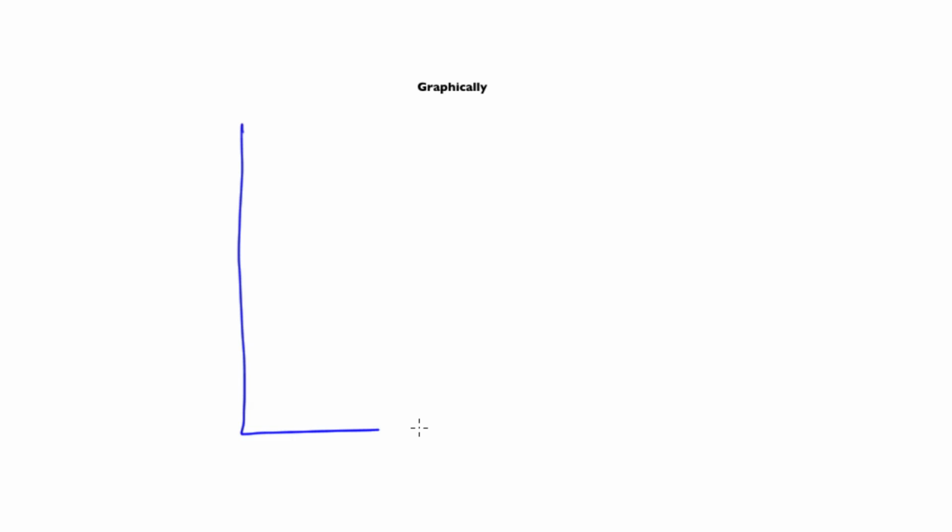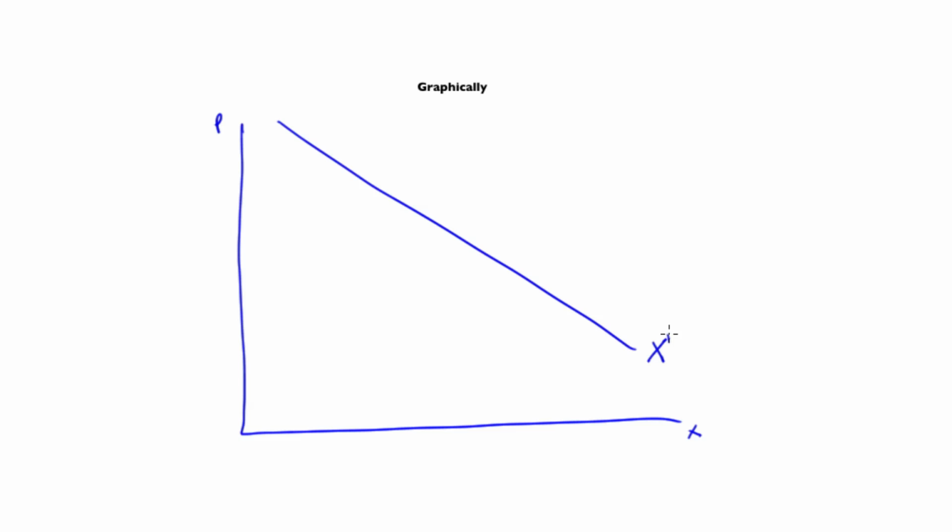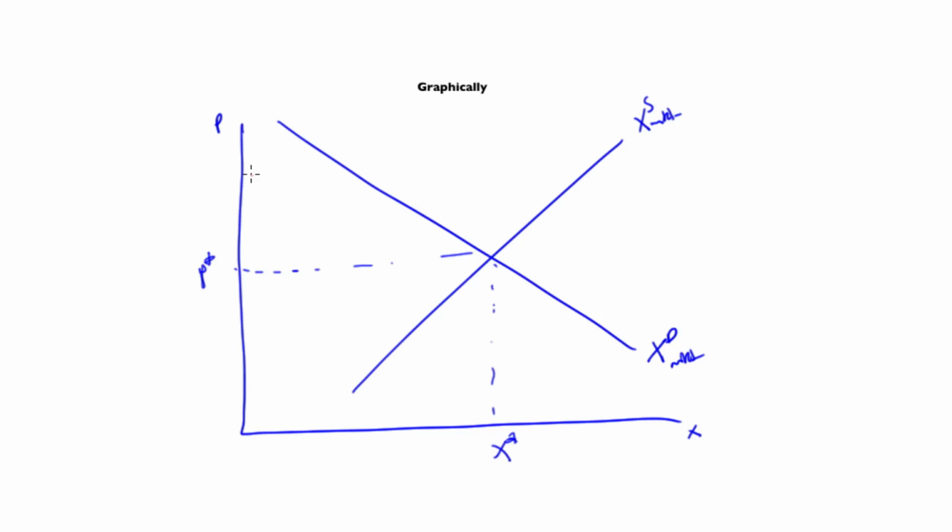Suppose that we have our aggregate demand, aggregate supply diagram. Let's say we have aggregate demand that looks like this, aggregate supply that looks like this. We know for this market that this is the equilibrium price, this is the equilibrium quantity, the total amount produced, and we also know that this area is the consumer surplus at P star.